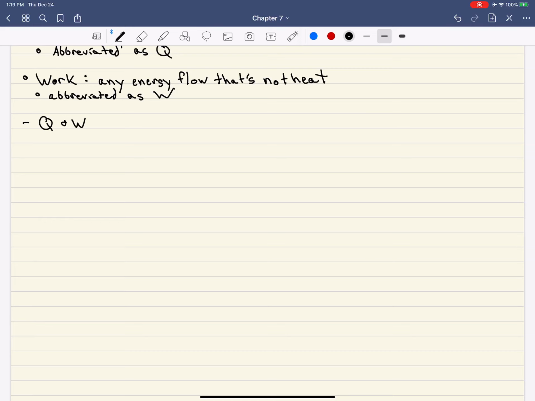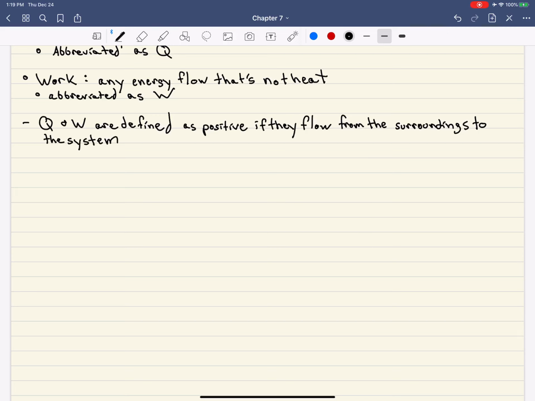So Q and W are defined as positive if they flow from the surroundings to the system.